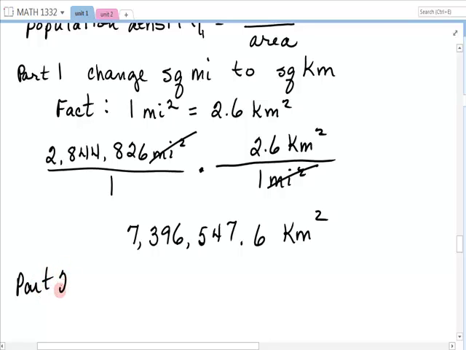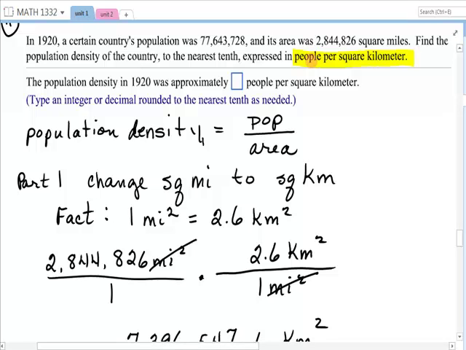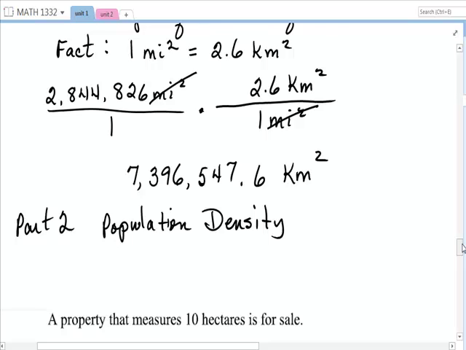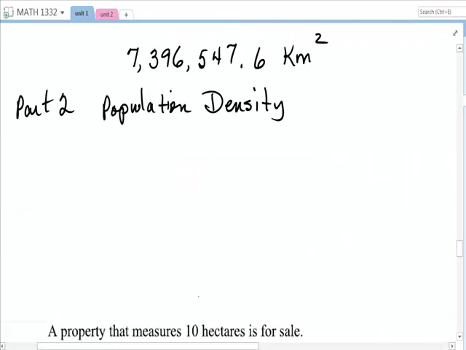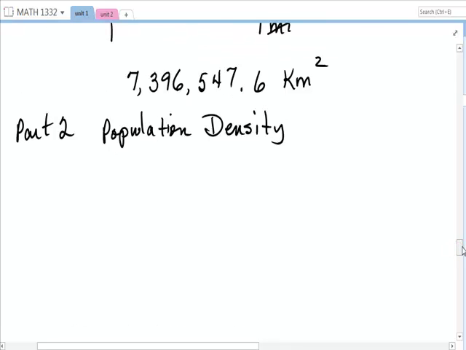Part 2. Now I have to find the population density. And I could go back. People per square kilometer. So I will put my people on top.